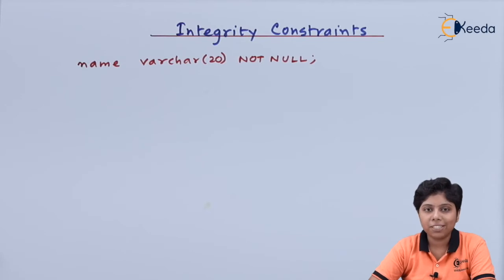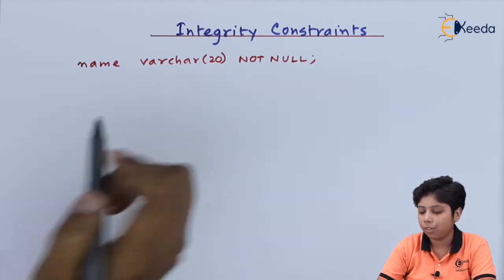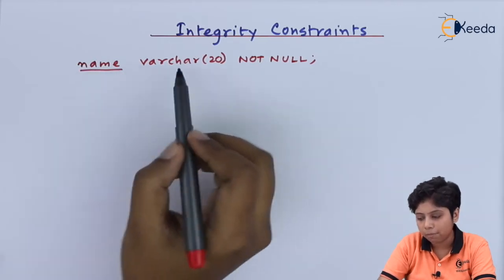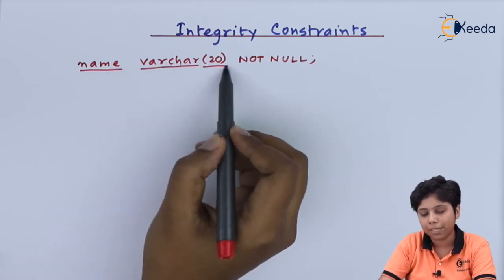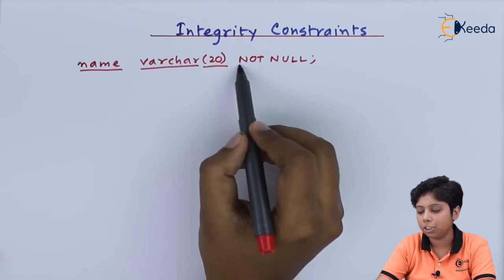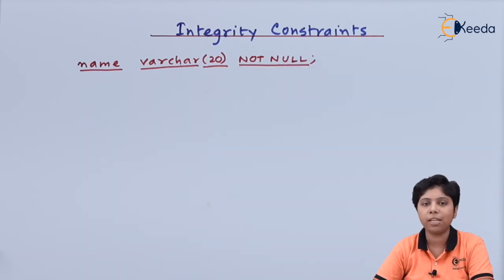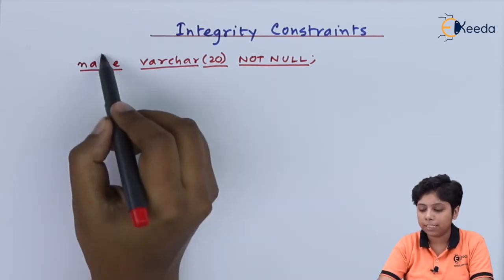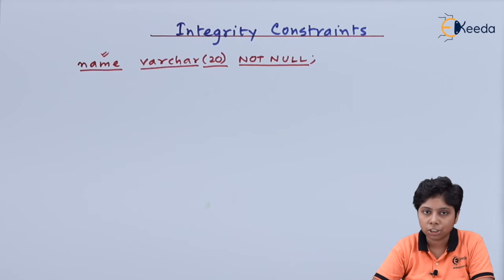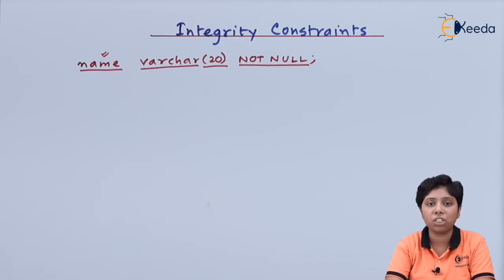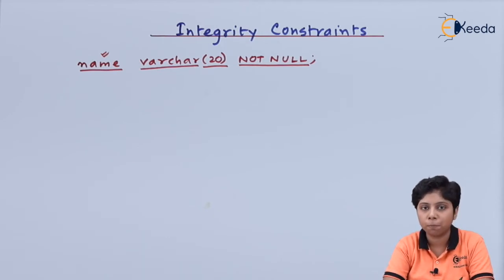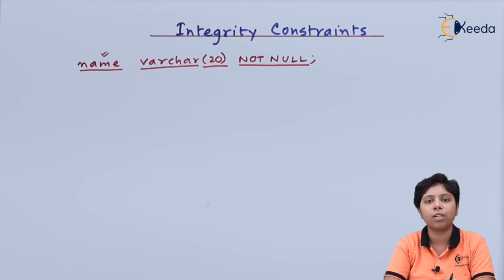If the attribute is mentioned at the time of creation of the schema, then we can do it by the attribute name, the data type, followed by the size, and then mention the not null command here. So the not null will make the constraint that whenever the field is kept null in some insertion, or there is some change or deletion in the database, it will generate an error if the field is kept null.